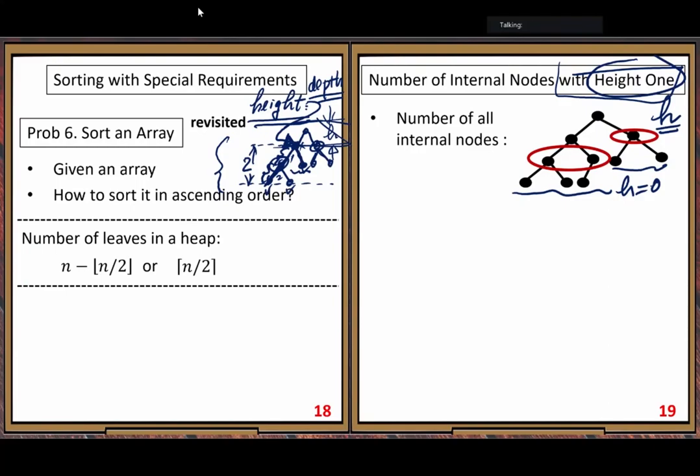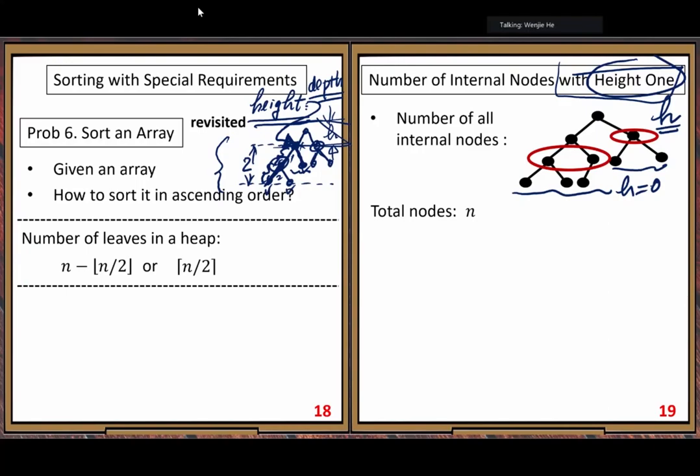Total nodes n. In a given heap, we know each node has only 2 types, right? Leaf node or internal node.